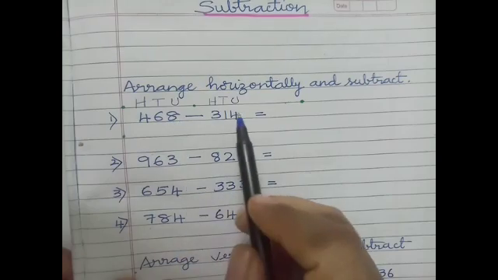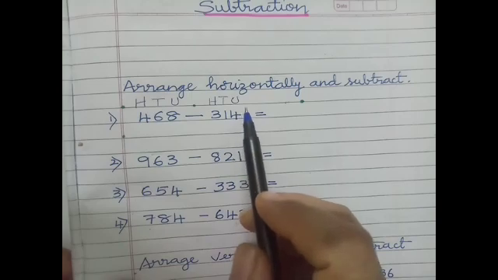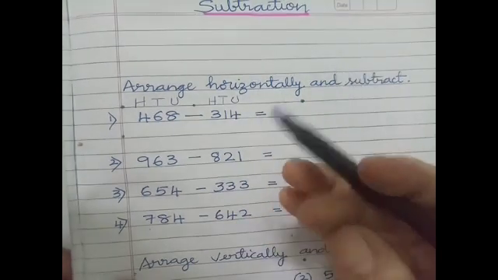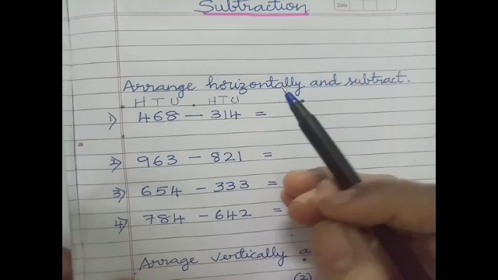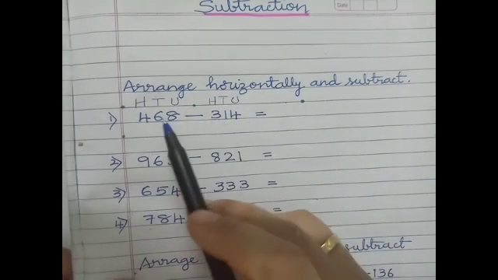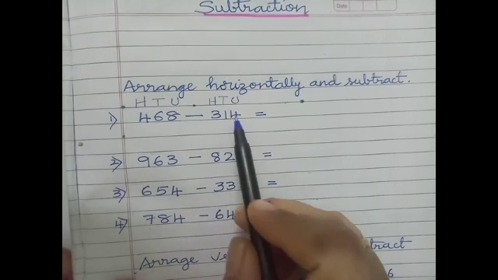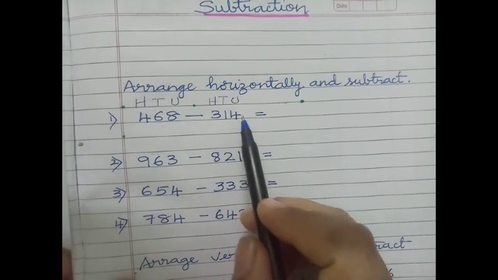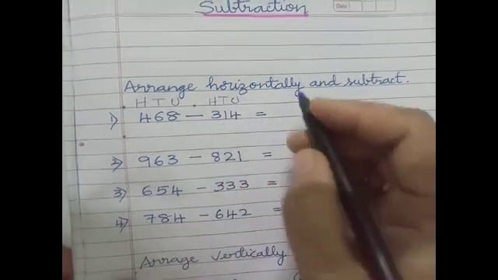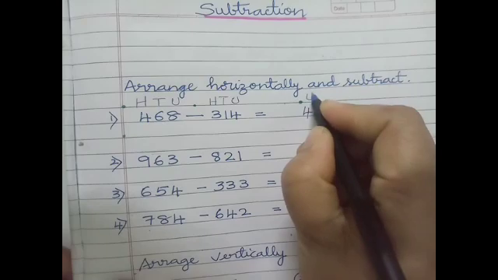For that you can count backwards. After 4 comes 5, 6, 7, 8. So you have to add 4 to 4 to get the number 8. So 8 minus 4 is 4. So we are writing 4 in the units place.